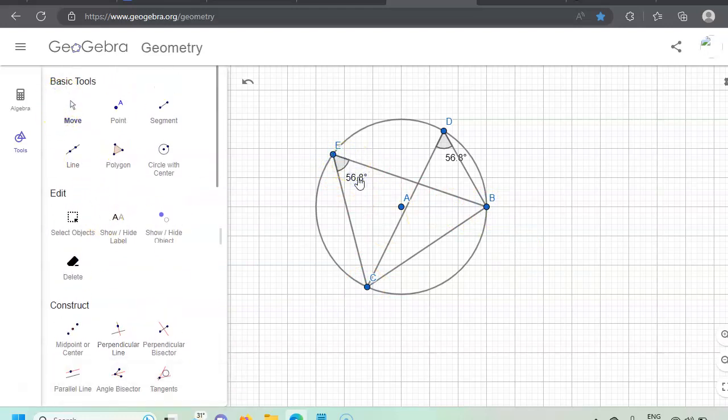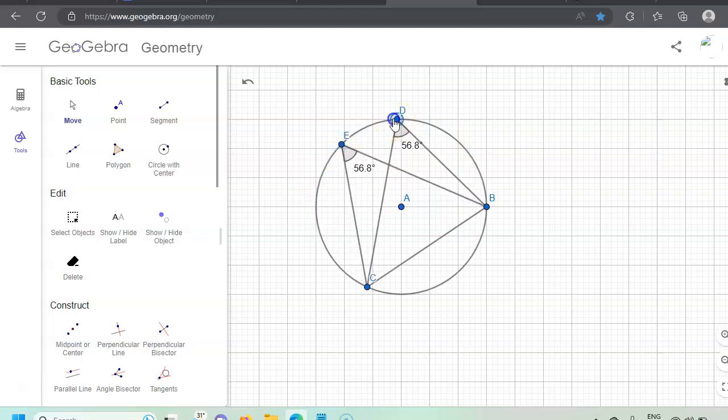Because first, they are at the same side of the circle, the same segment, the left segment, and these angles are formed using the endpoints of the chord, and that chord divides the circle into 2 parts. So any angles formed at the same segment are equal. So that is the theorem there.